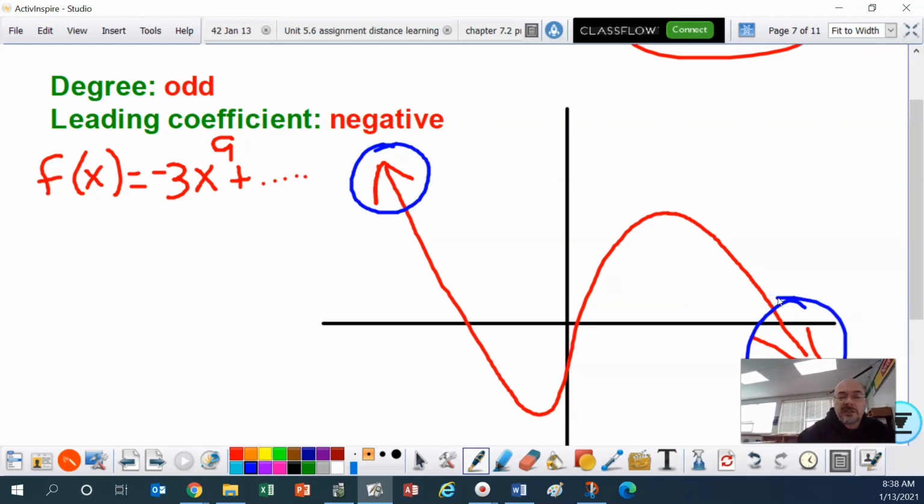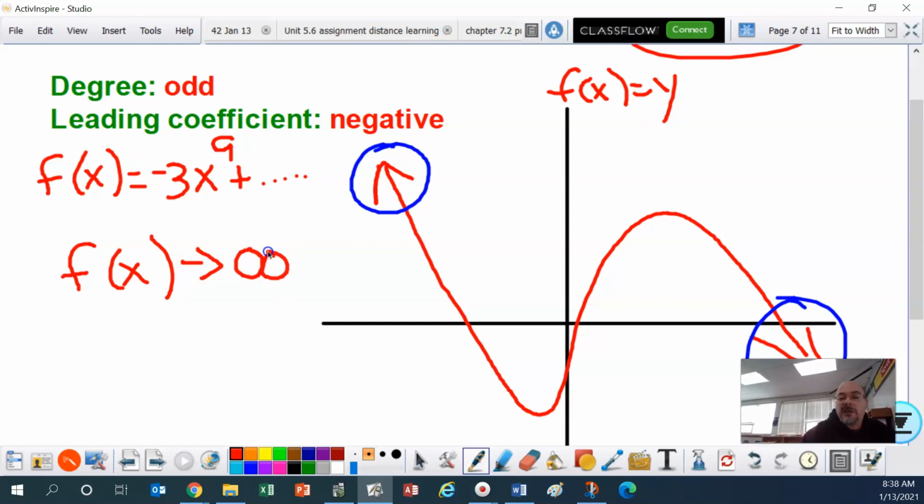Well, in this scenario, folks, the f of x, remember this is f of x, which is the y, that, ladies and gentlemen, is going to positive infinity. But the x, notice this is x going this way, goes to negative infinity.